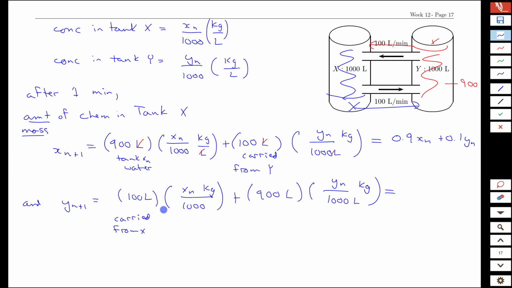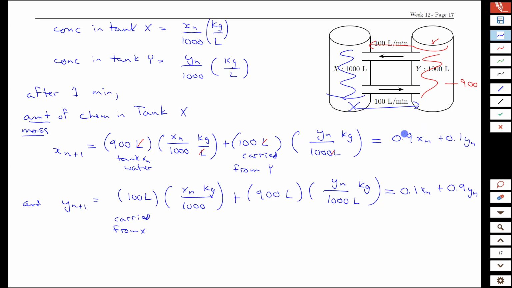And for this one, it is similar in structure, except the 0.1 goes with the xn, and the 0.9 goes with the yn. And so what we're getting is, if you like a weighted average, the amount of chemical in tank X at the next time point is going to be mostly the previous concentration in the X tank, but there's going to be some influence from the Y tank because we're literally mixing the quantities.